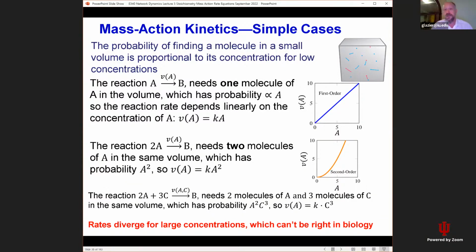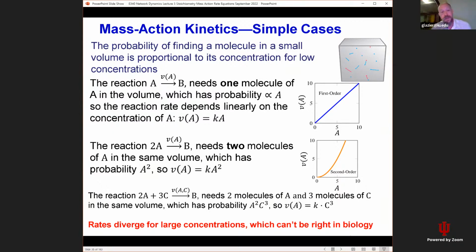And so if there's any excluded volume, this whole argument falls apart. So we have to assume that this reaction volume, whatever it is, is big compared to the volume of our molecules. In general, what this means is that as the density goes up, the probability goes up slower than you would expect for a point-like molecule.